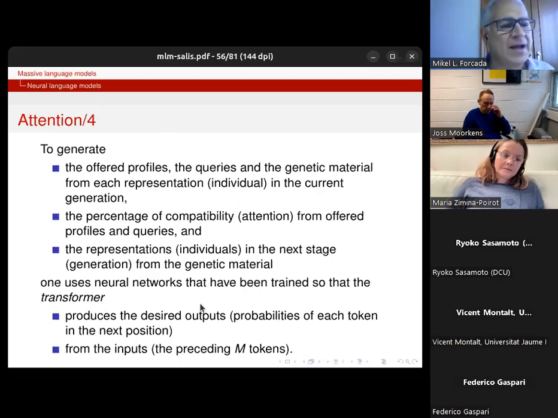So the idea is all of this technology of deciding how to mix representations is basically aimed at getting a very good prediction for the next word.